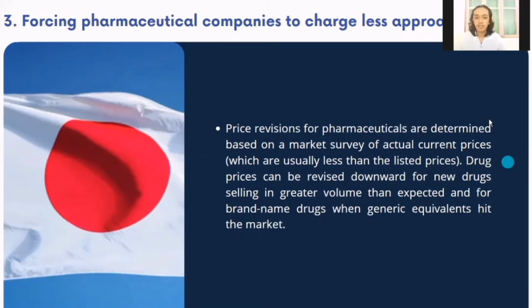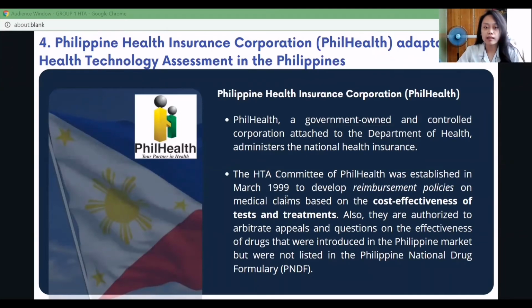Next is the Philippine Health Insurance Corporation, or PhilHealth. PhilHealth is a government-owned and controlled corporation attached to the Department of Health, and it administers the national health insurance to Filipino citizens. PhilHealth has its HTA Committee.